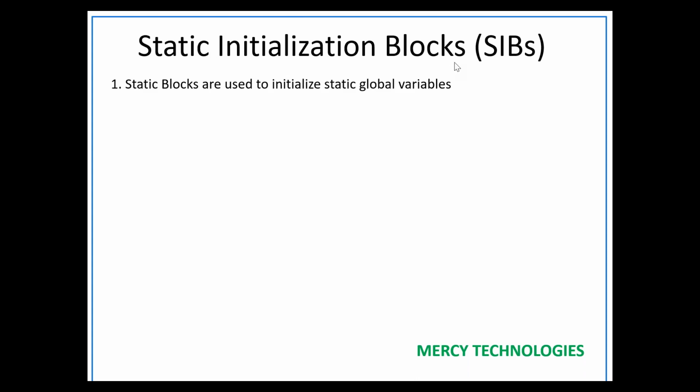Static initialization blocks are used to initialize static global variables. This is the foremost important thing about SIB. I can call it SIB or static blocks or static initialization blocks. All are the same. The main purpose is to initialize static global variables.